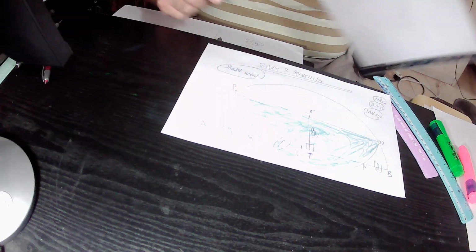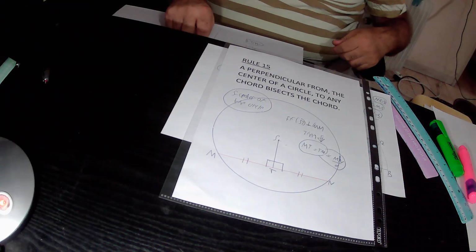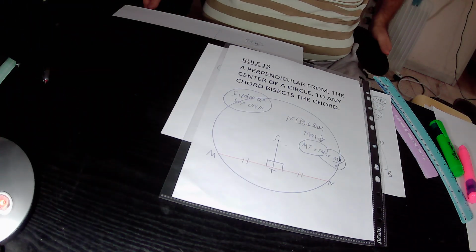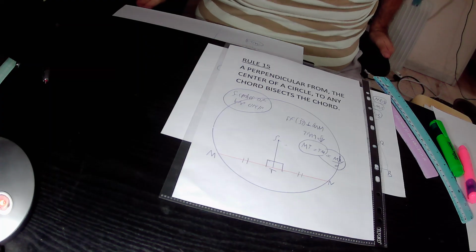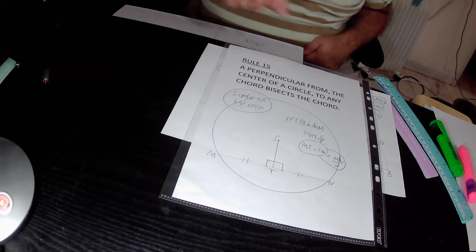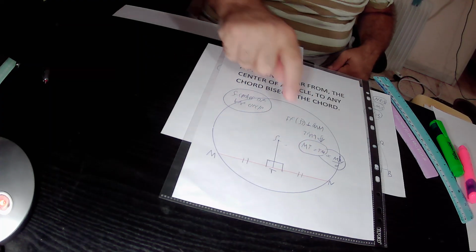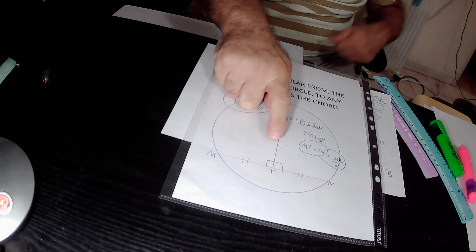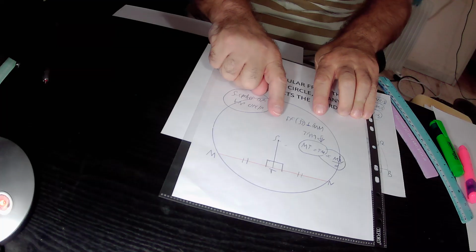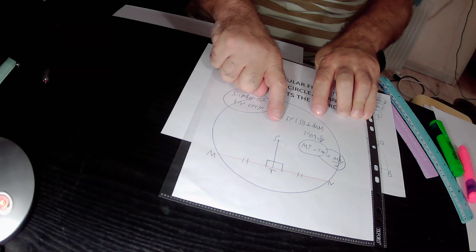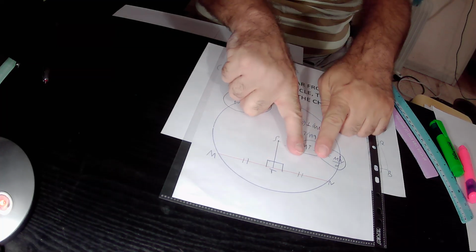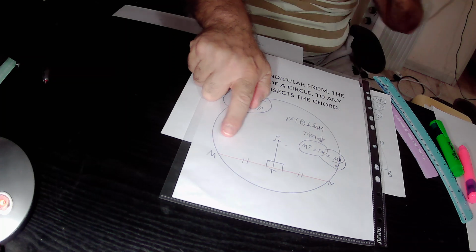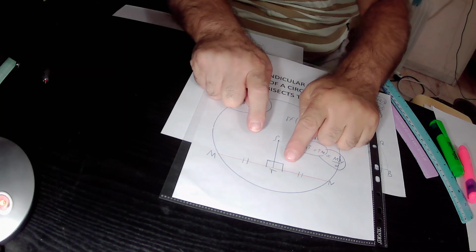And please click on rule 15. According to rule 15, a perpendicular from the center of a circle towards any chord bisects the chord. In the drawing, we have a circle. Point S is the center of this circle. This is perpendicular ST and chord MN. According to our construction, this angle equals 90 degrees, and this angle also equals 90 degrees.